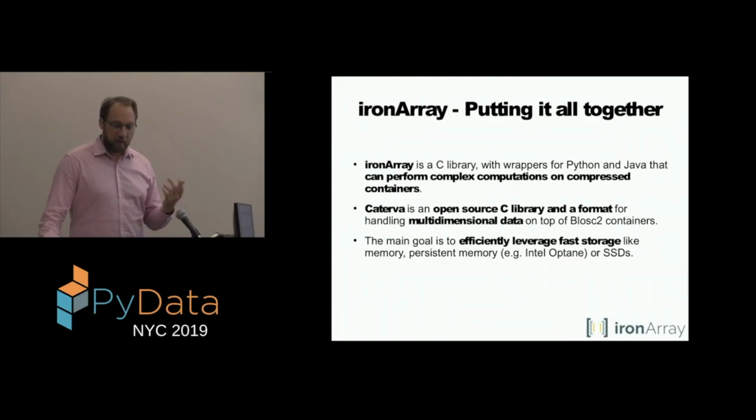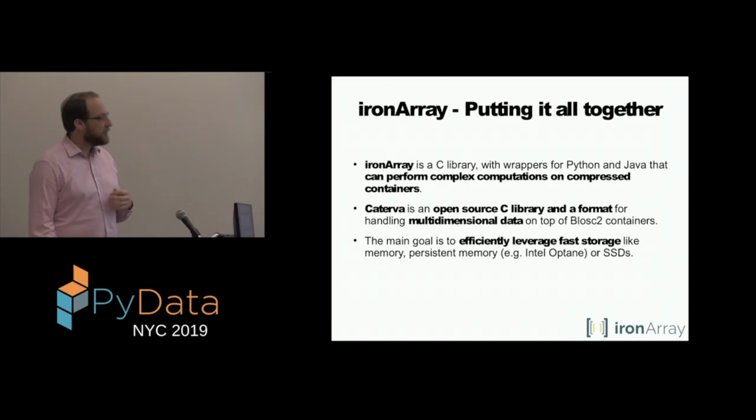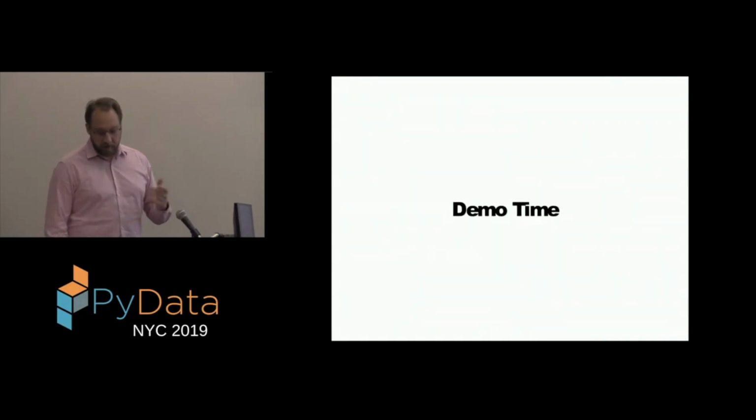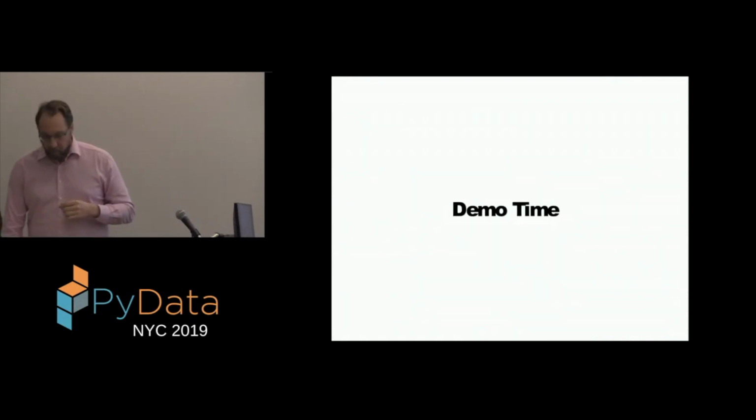Just to recap quickly, our stack, the whole thing is called IronArray, a C library with wrappers for Python and Java, which can perform complex computations on compressed containers. Francesc already introduced Caterva, this middle layer that provides the multidimensional container. With that, I hand over back to Francesc for the demo.